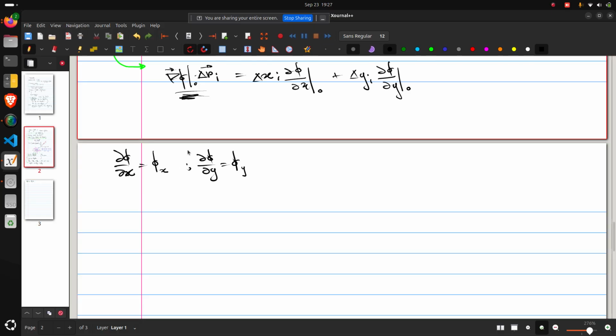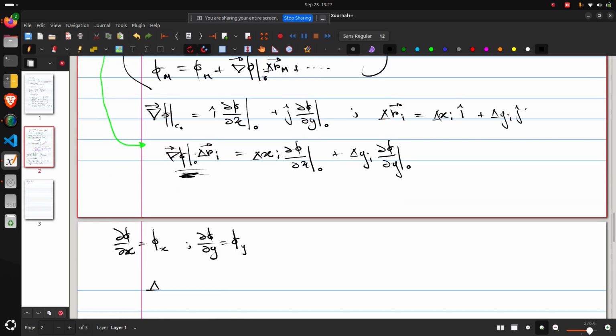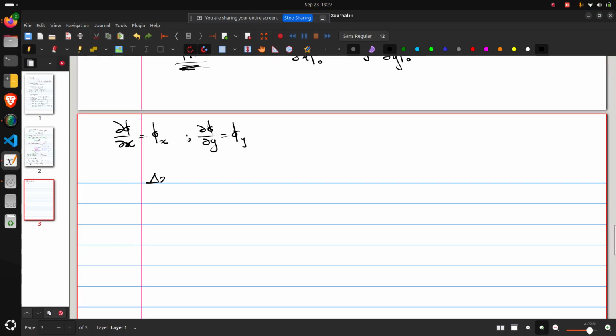So for the first equation, this is delta r1, right? So it will be delta x1 phi x plus delta y1 phi y is equal to phi 1 minus phi naught, right?